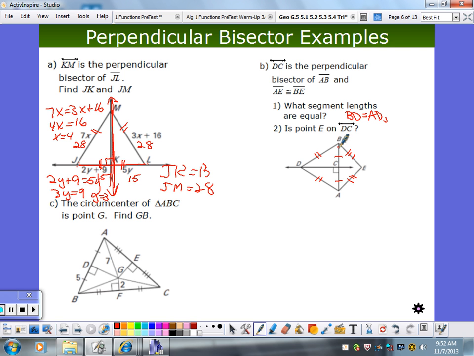I can see also that BC is equal to AC, and they're giving me that BE equals AE. I think that's all the congruent segments. That's quite a few. Is point E on DC? Now, if I was to extend this all the way through, are they going to meet up?